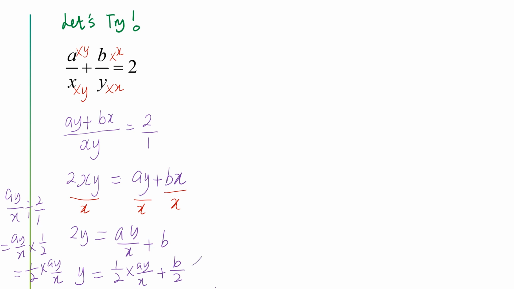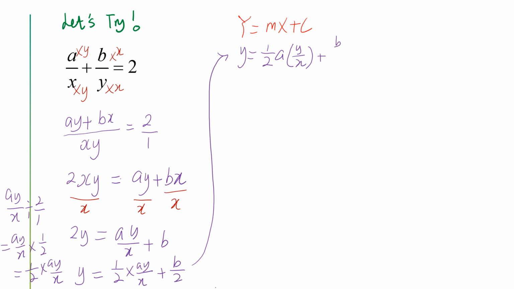The next step then is to rearrange it into the format y equals mx plus c. We have to rearrange into mx plus c. So you would get half a bracket y over x plus b over 2. Okay, right.